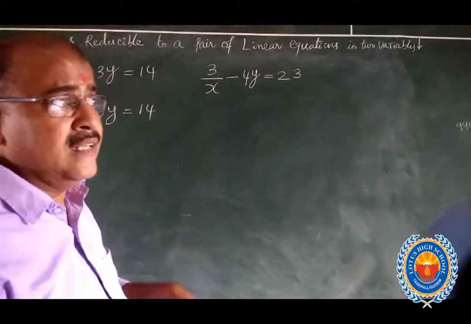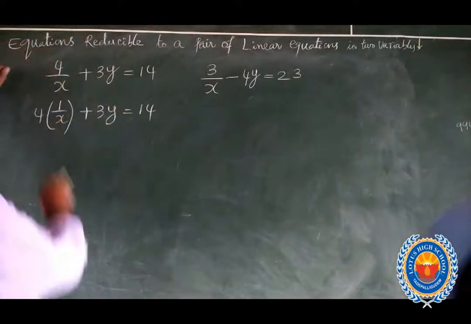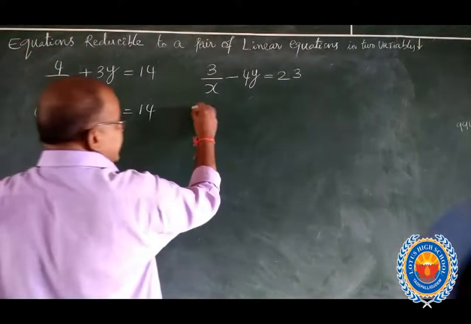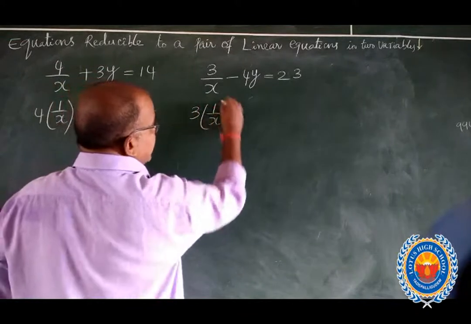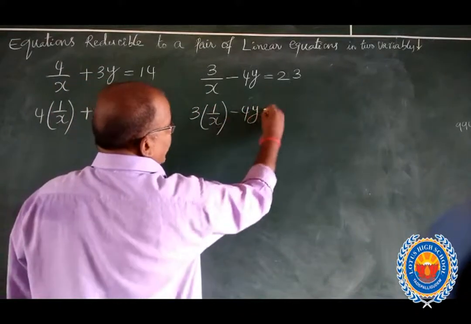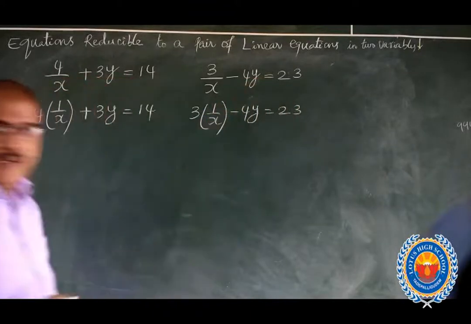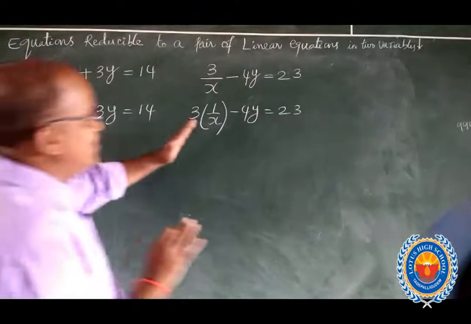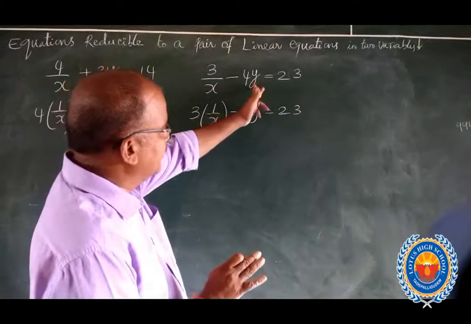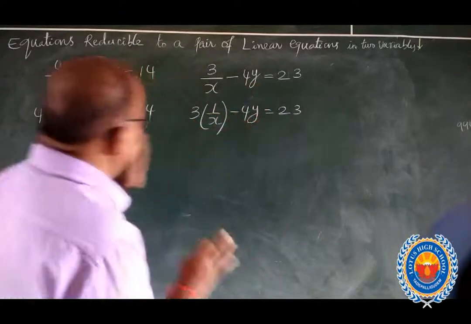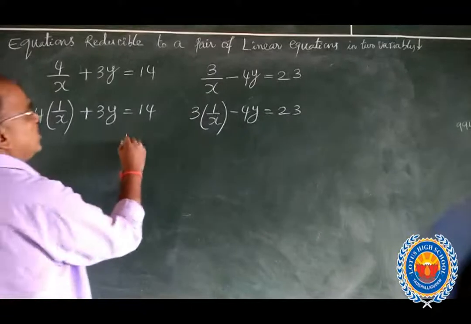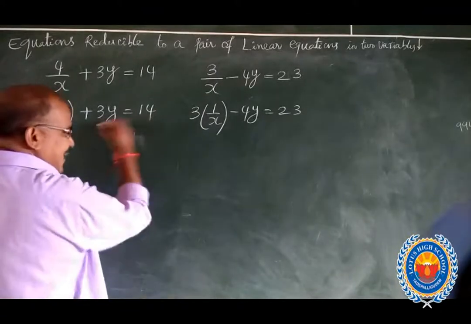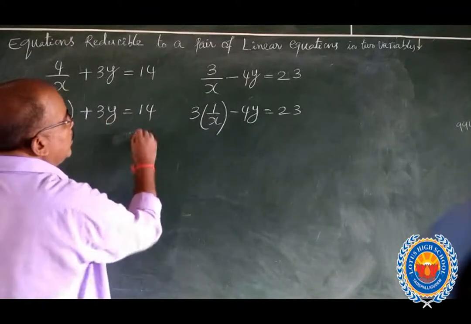Once again I am explaining this sum: 3 into 1 by x minus 4y is equal to 23. In the second equation also I did not disturb the second term. So put it as it is, no problem.